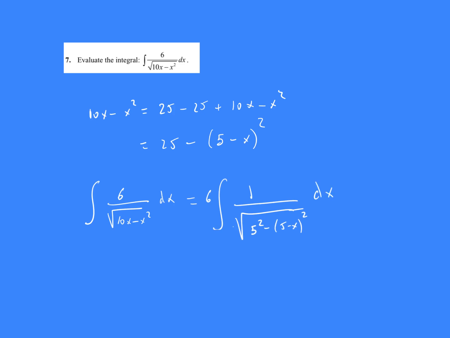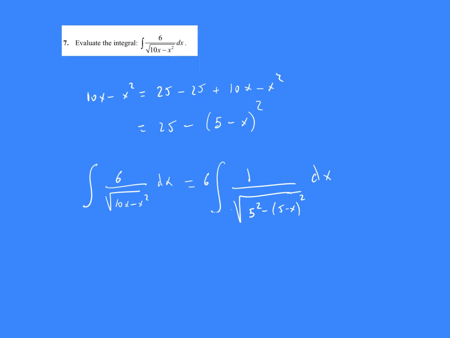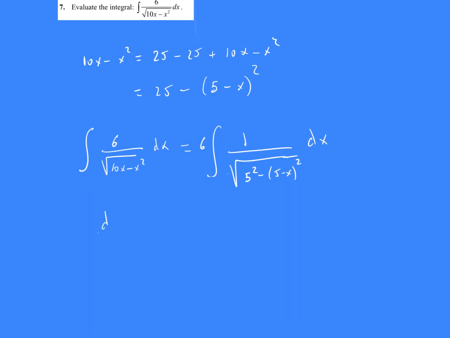Now we need to recognize that here there is an arc sine, because the derivative of arc sine of x divided by a is 1 divided by the square root of a squared minus x squared.